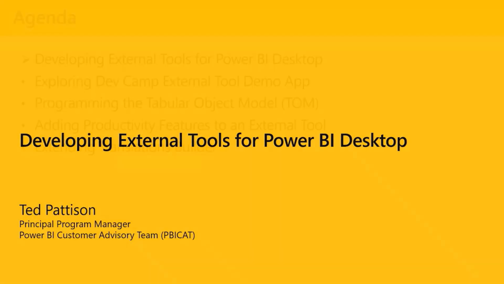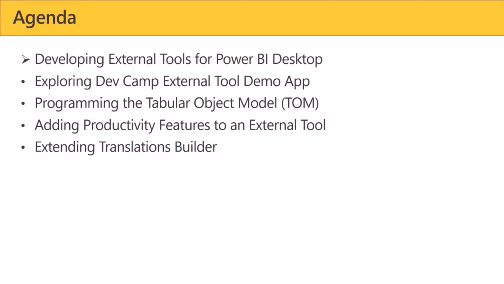I'll start with some basic fundamentals of building external tools with Power BI Desktop. And I have one demo application that is going to show techniques. Anyone here who wants to build their own external tool can use this as a starter project.